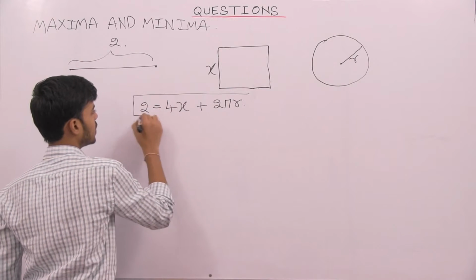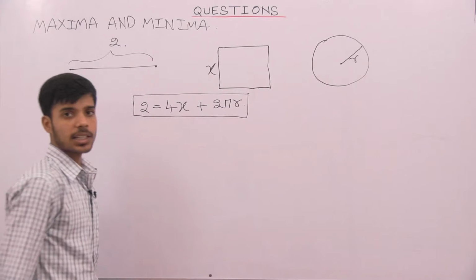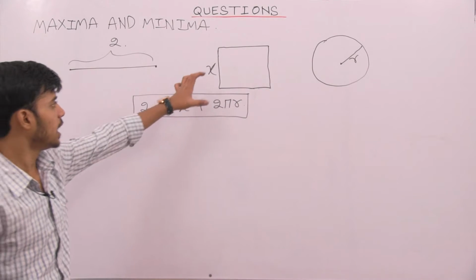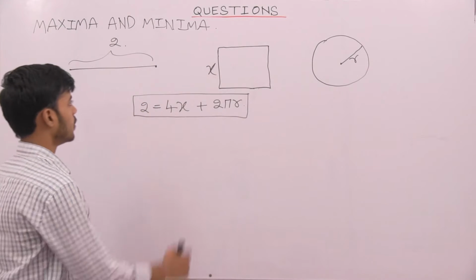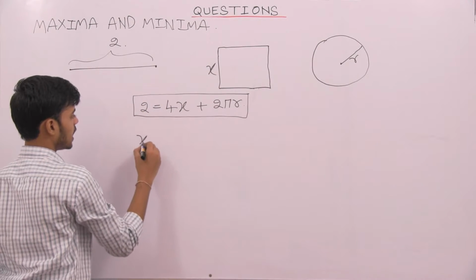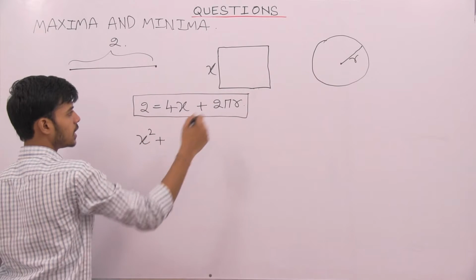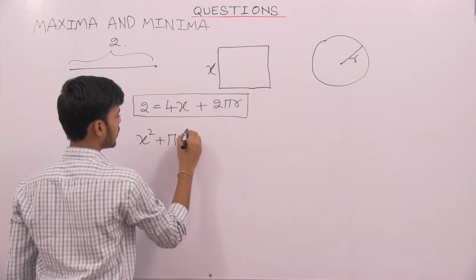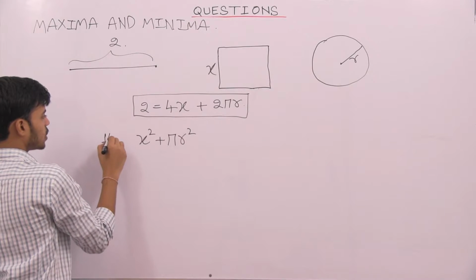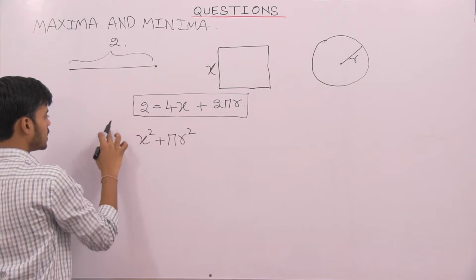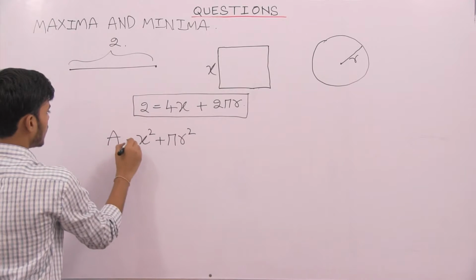So this is the first equation we know, and the other information given is that the area formed by this square and circle is minimum, which is the area of the square x square plus the area of the circle pi r square. This is minimum. Let's assume it to be a function, the total area.